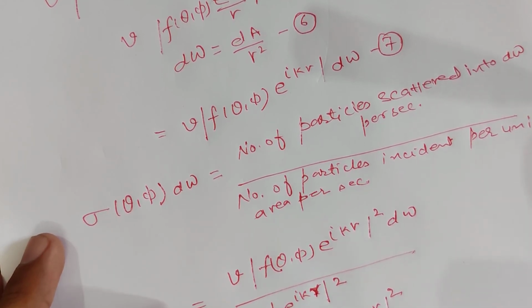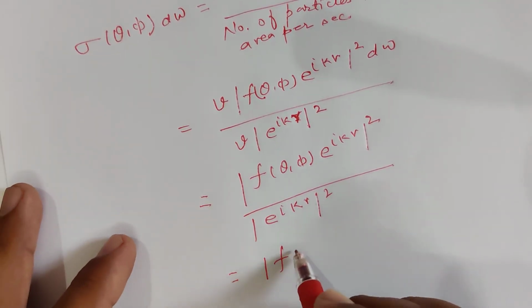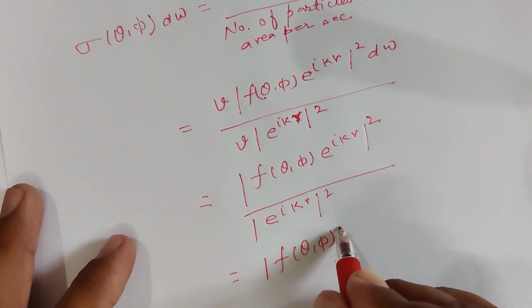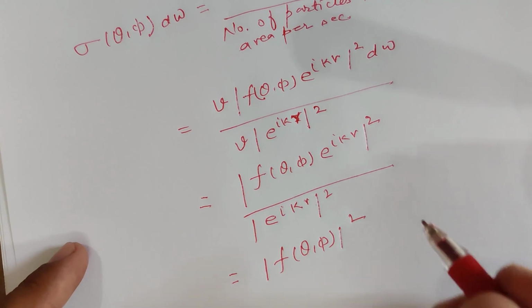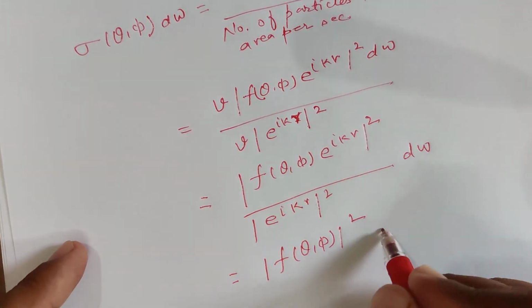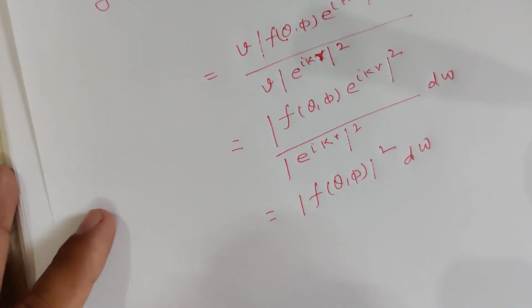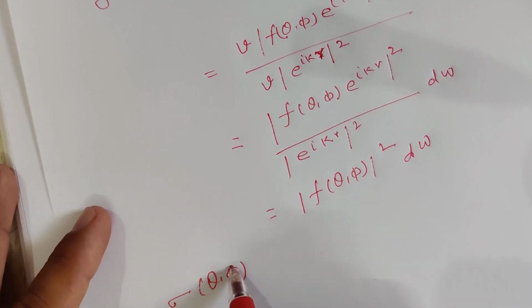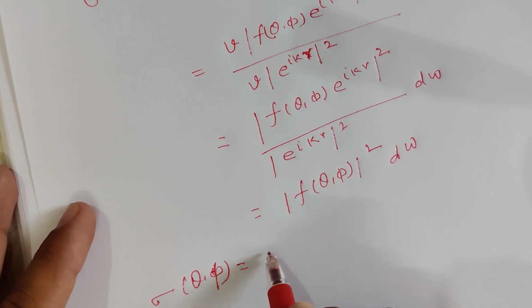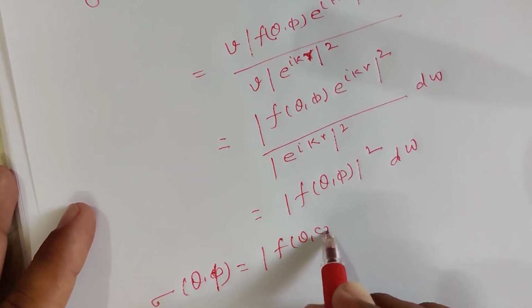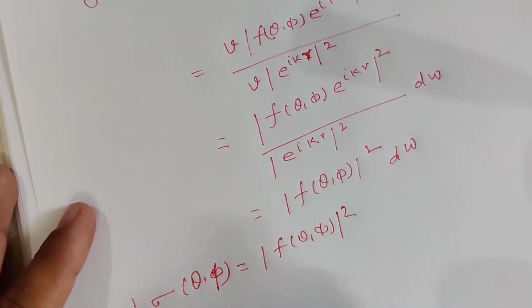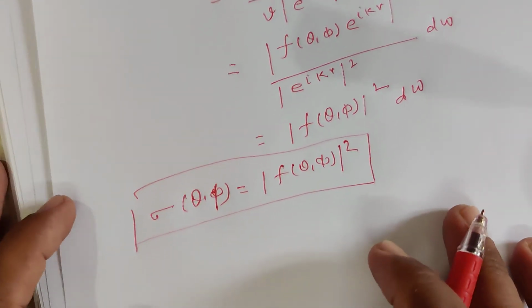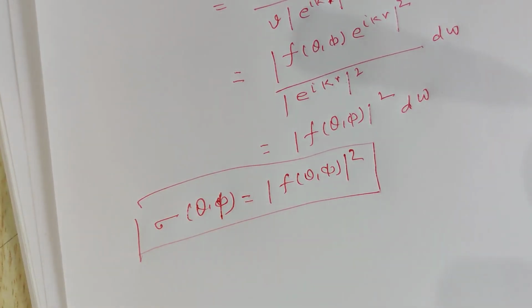This equals |f(theta, phi)| square, or we can say sigma(theta, phi) equals |f(theta, phi)| square. This is the relation between scattering cross section and scattering amplitude.